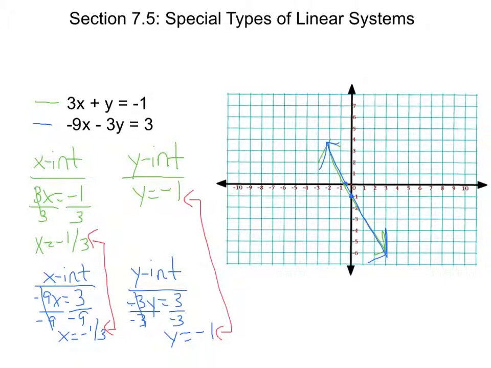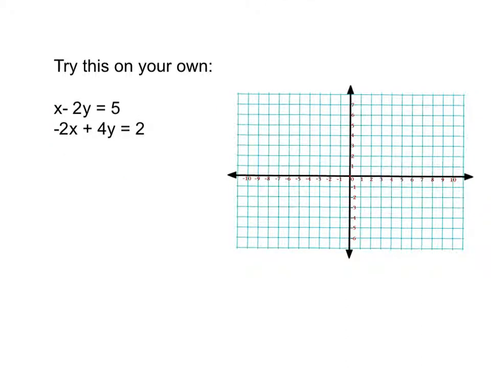Now, how can we do this algebraically without having to graph? If we look at an equation, we want to recognize that there might be something common between those two equations before we graph them.